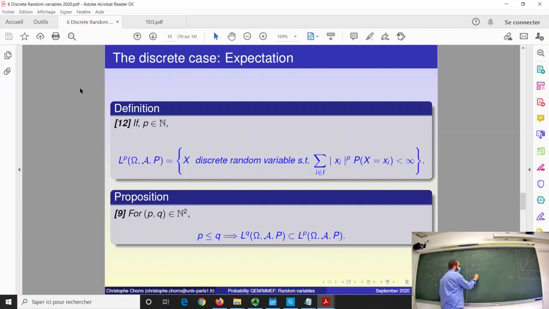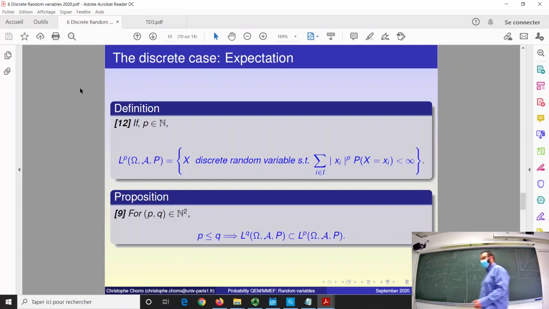That's why I add the sum, of course, of the same thing over the i belonging to capital I such that, on the contrary, |xi| is strictly greater than 1. I have just written that xi is either less or strictly greater, nothing more. That's why I can cut my sum in two parts: the part where |xi| is at most 1, and the part where it is strictly greater.